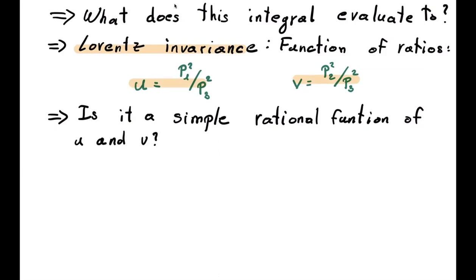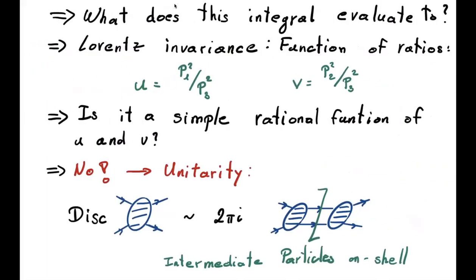So what kind of function could it be? Well, just from physics principles, we know that it cannot be a simple function because unitarity tells you that your amplitude must have discontinuities. So amplitude, for example, here the 2-to-2 amplitude has discontinuities which come from intermediate particles going on shell.